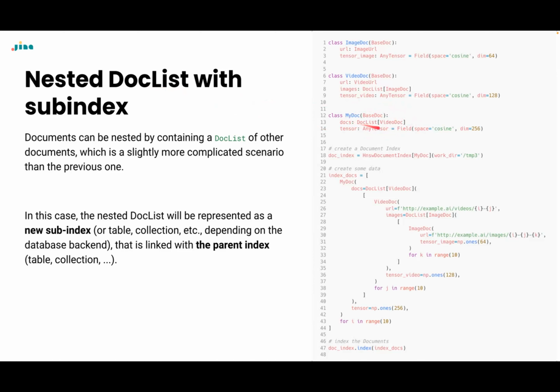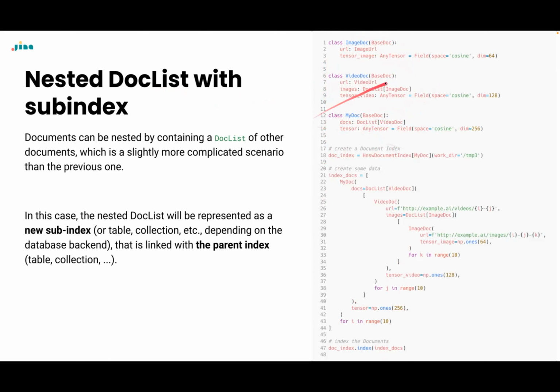So you can imagine there's a sub level. You can also construct the embedding index under this field, along with the parent, with the top level index.